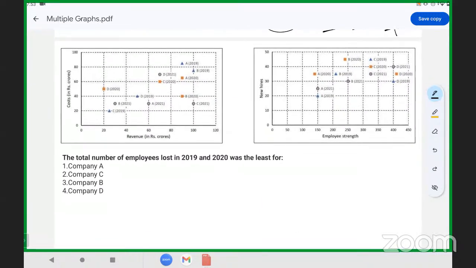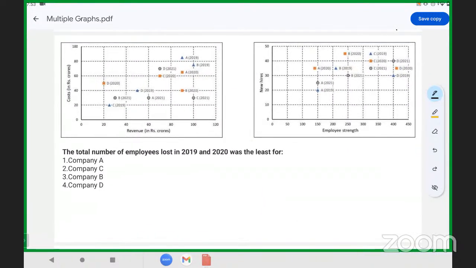The total number of employees lost in 2019 and 2020 was the least for which company? Okay, so what we will do is we'll take out 2019, 2020. Okay, so we have A, B, C, D. So for A, 2019 is here.